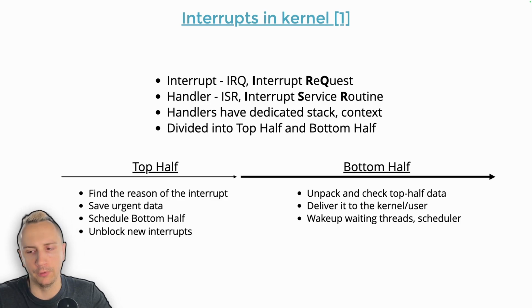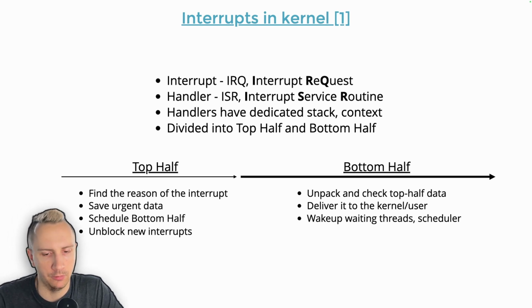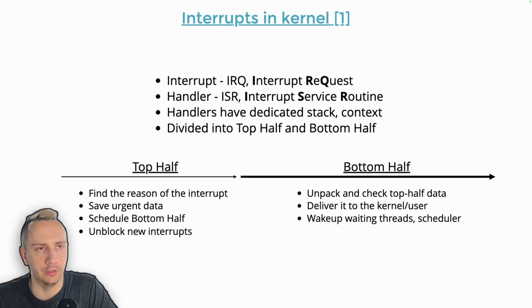We cannot do it too frequently. But imagine a network card which is receiving network packets at a speed of gigabytes per second. This will create a lot of interrupts, and we should be handling them as fast as we possibly can to unlock the next interrupts.